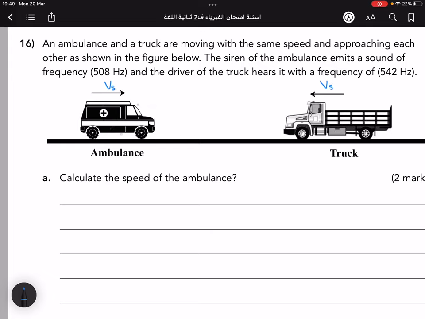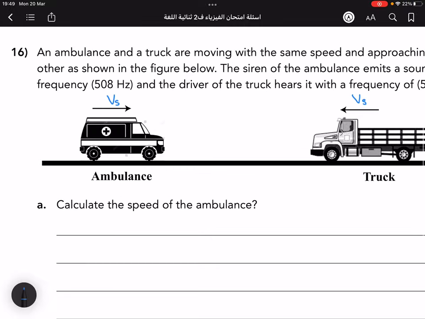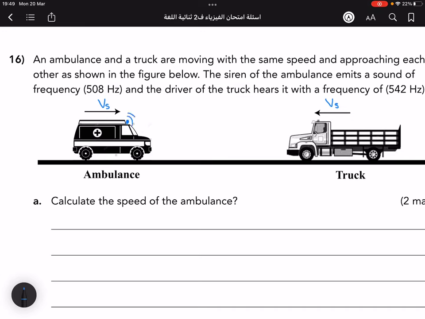But let's read the remaining part of the question. The siren of the ambulance emits a sound of a frequency 508 Hertz. So the siren in the ambulance emits a sound with a real frequency of 508 Hertz.